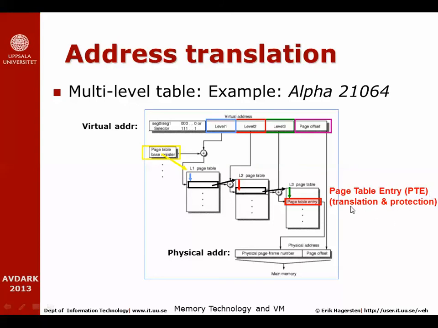So this way you will have the translations from virtual to physical, as well as the necessary protection bits. We're going to have the physical page frame stored here, so that is going to be part of the physical address, and then we take the purple bits at the least significant part of the virtual address and simply tag them on at the least significant part of the physical address to create that address. So now we have the physical address. Now we can actually access the DRAM.